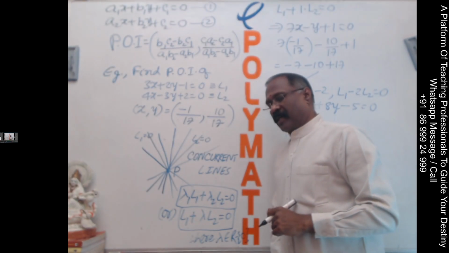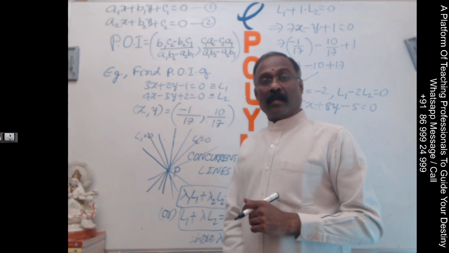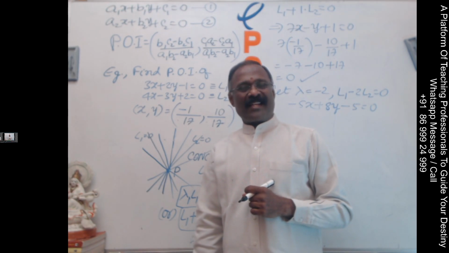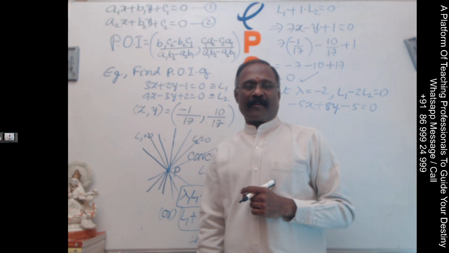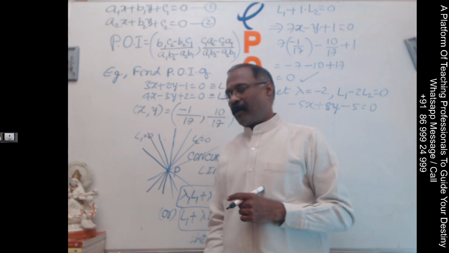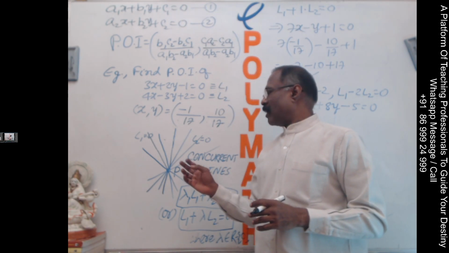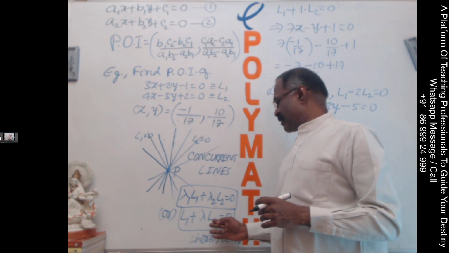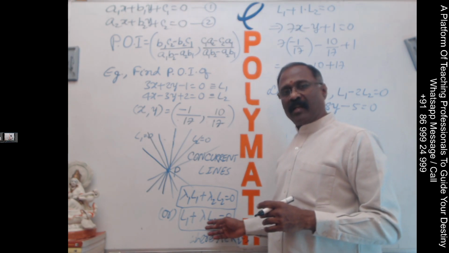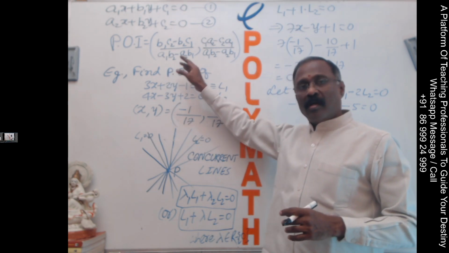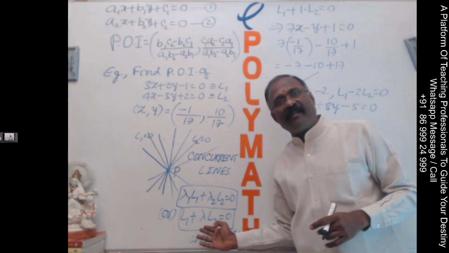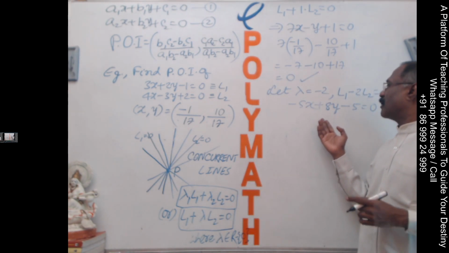What have we learned with regards to the set of concurrent lines or family of lines? All those lines will have the same point of intersection if this set of lines or family of lines is made up of these two lines by giving different values to lambda. I gave lambda minus 2, I have got this line.